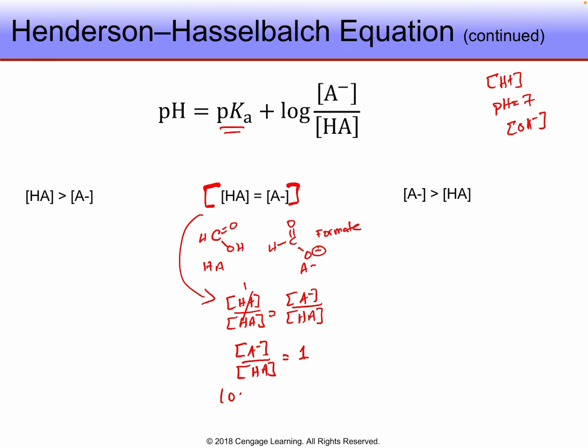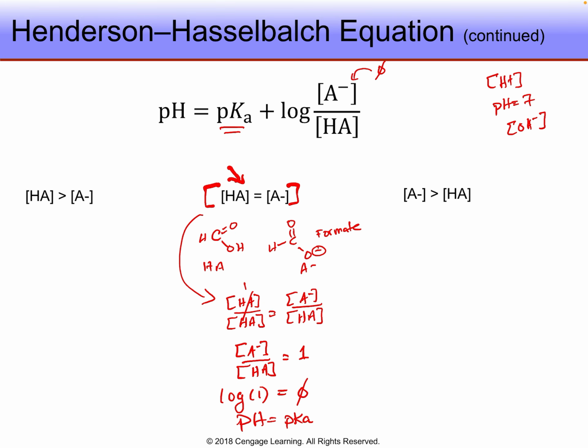And you may or may not remember, but the log of 1 is equal to 0. So that means in the case where I have equal concentrations of acid and conjugate base, then this part of the equation is equal to 0. And in that case, pH is equal to pKa, right? Because the log of A minus over HA is equal to the log of 1, which is equal to 0.